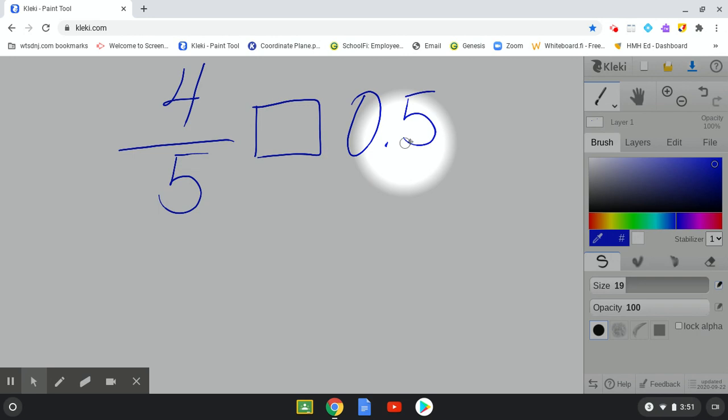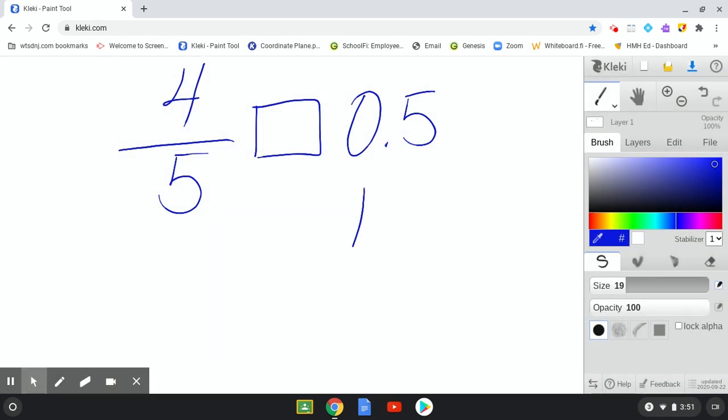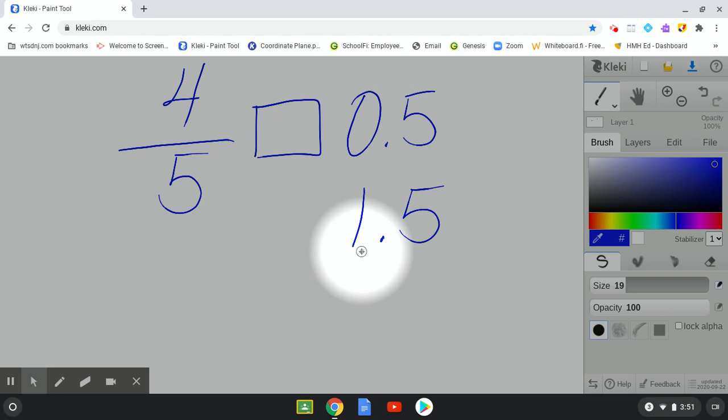I would just say 5/10. Now, if I had 1.5, then I would say 1 and 5/10. But when you don't have a whole number on the left side of your decimal, you don't say 0 and. So I'm saying this rational number as 5/10.